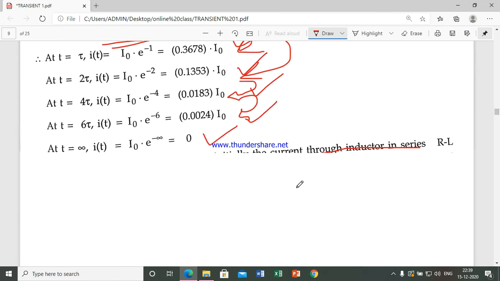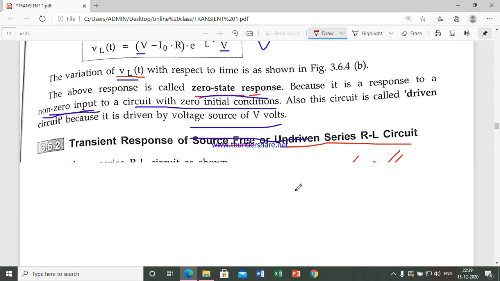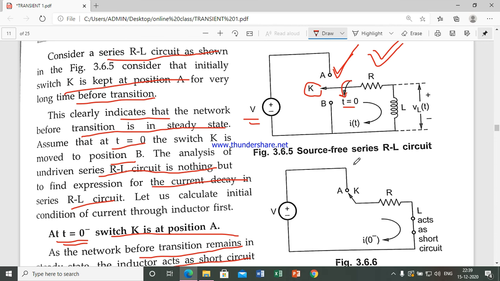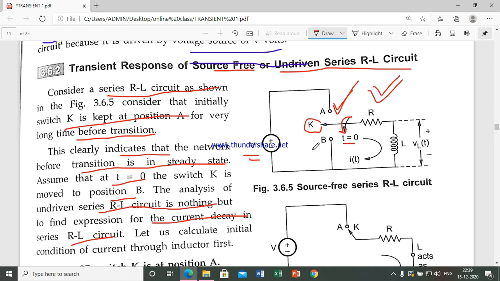Here you can observe the circuit. Whenever the switch K is at position A, the inductor will be charged. Whenever you change the switch K from A to B, you can consider that the circuit has no energy source, that is, it is undriven.